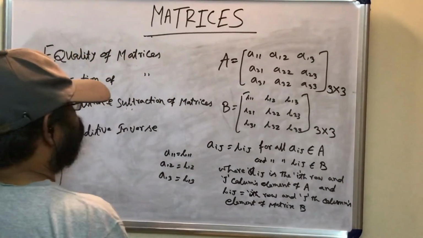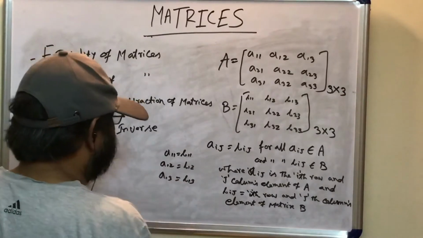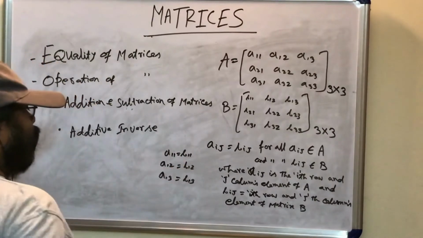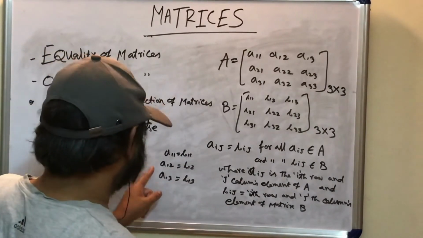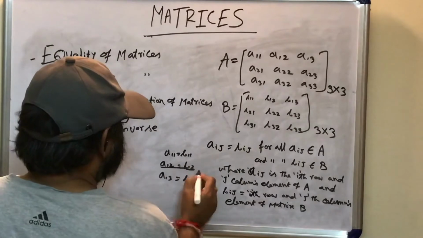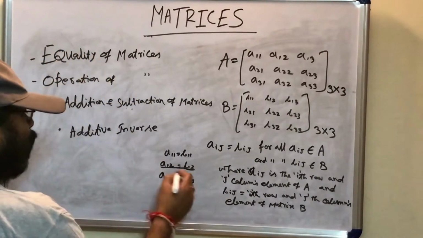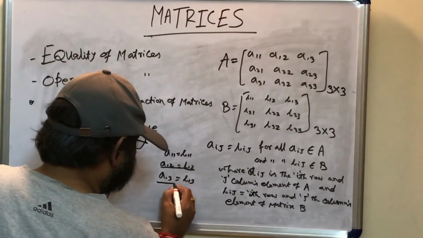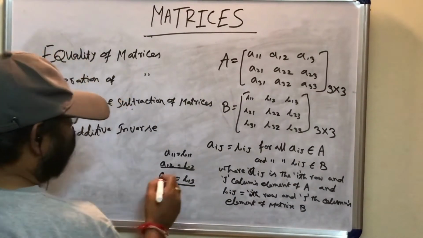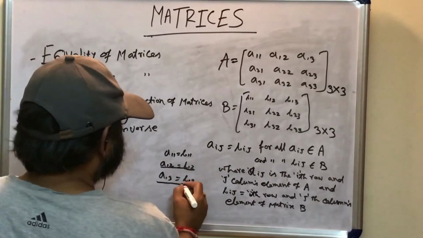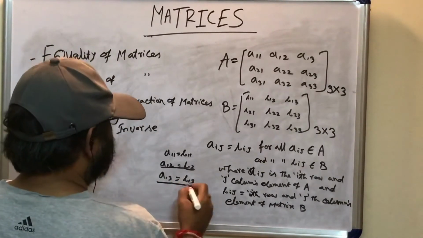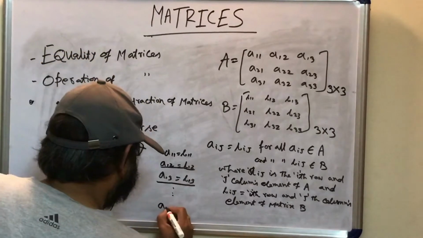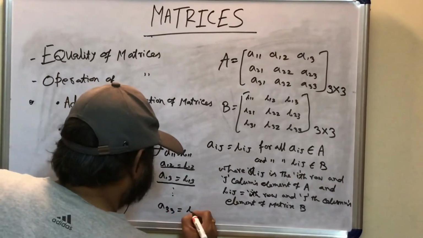A11 is the first row and first column element of matrix A, equal to the first row and first column element of matrix B. The first row and second column element of matrix A is equal to the first row and second column element of matrix B. Similarly, the first row and third column element of matrix A equals the first row and third column element of matrix B. Like this, A33 equals B33.